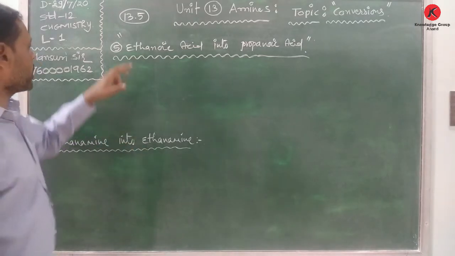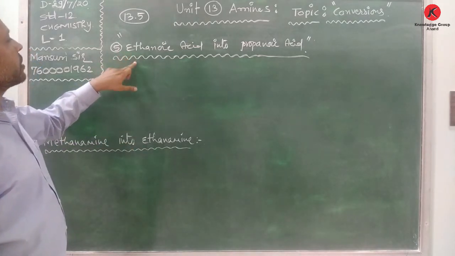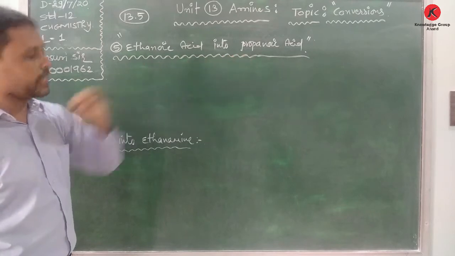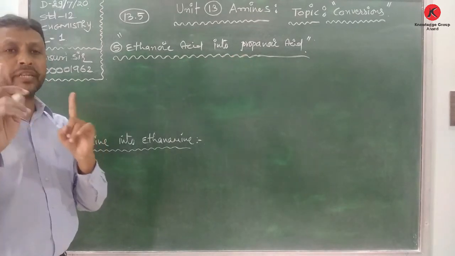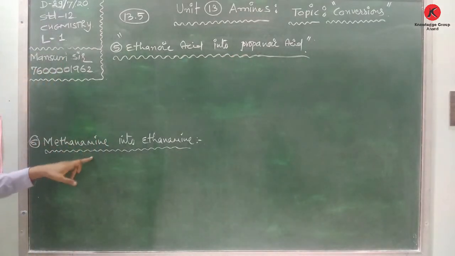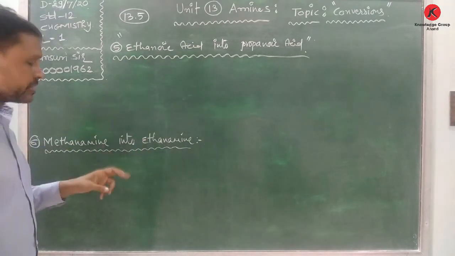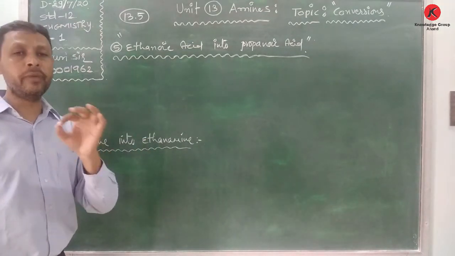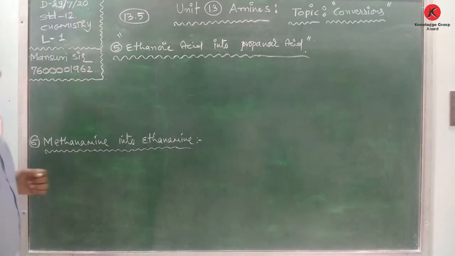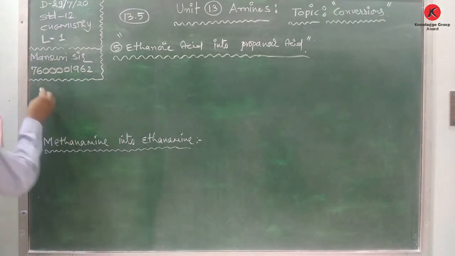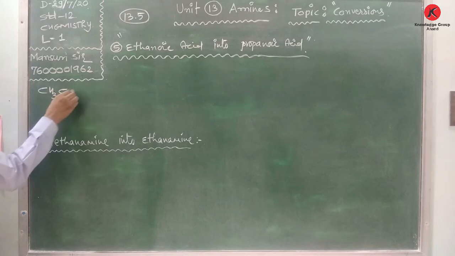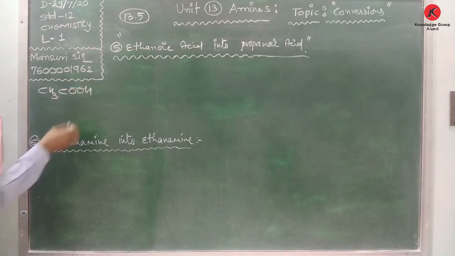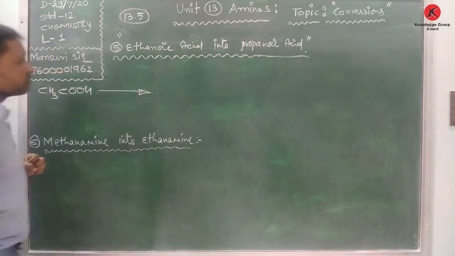Students, now we are discussing the conversion of ethanoic acid into propanoic acid. That means one carbon should be increased, and methanamine into ethanamine. That means here also one carbon should be increased. Okay, ethanoic acid. Let me take CH3COOH. This is my ethanoic acid.